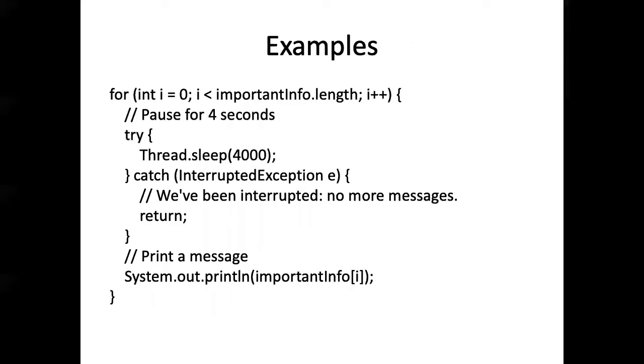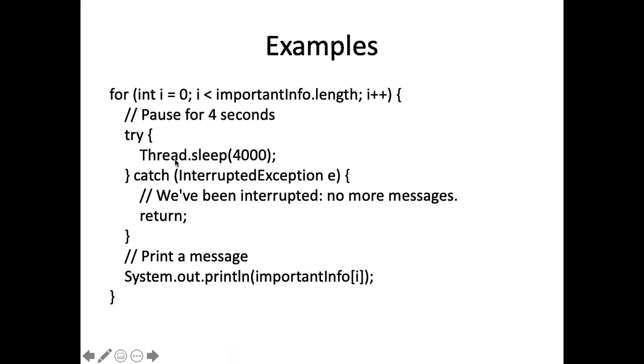In this one, what I'm doing is iterating through an array, and every 4 seconds, I'm printing one string from that array. I'm saying for i equals 0, i less than the length of the array, first I pause for 4 seconds, which is 4,000 milliseconds.